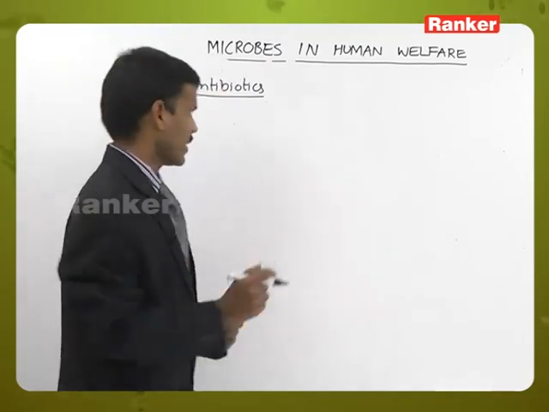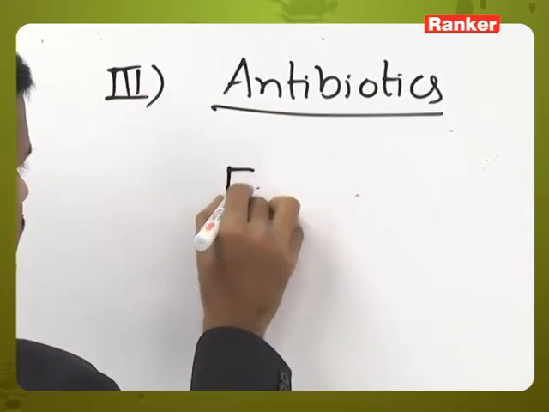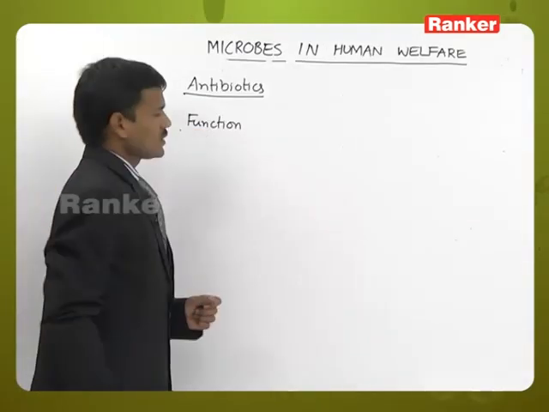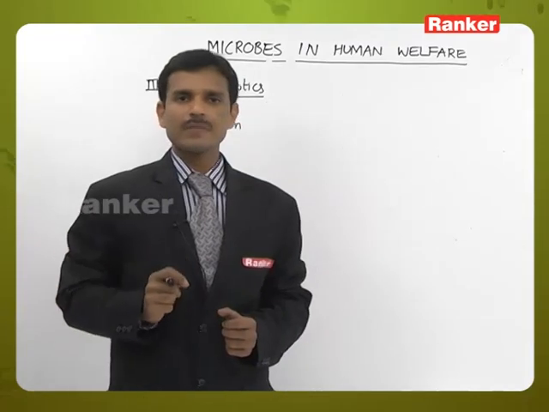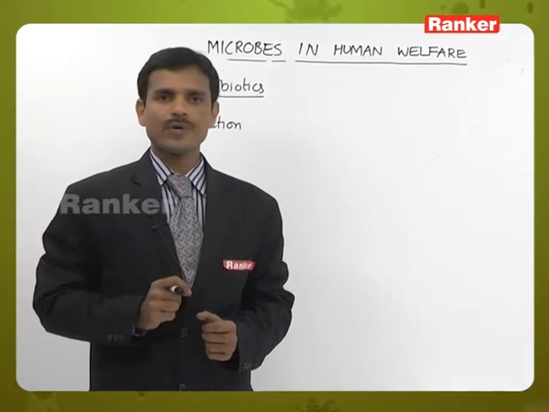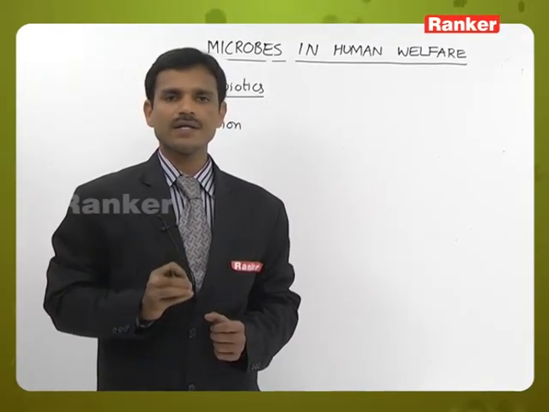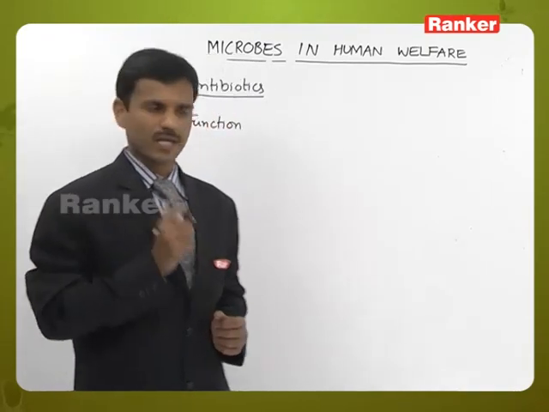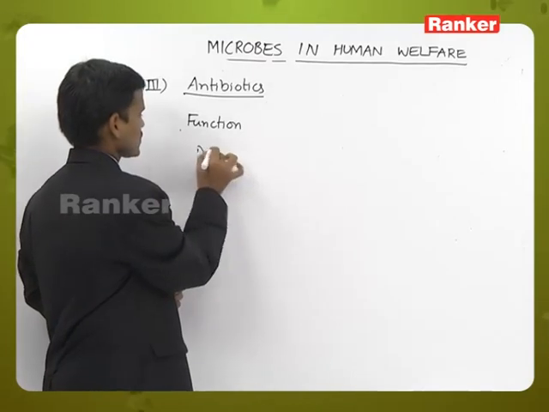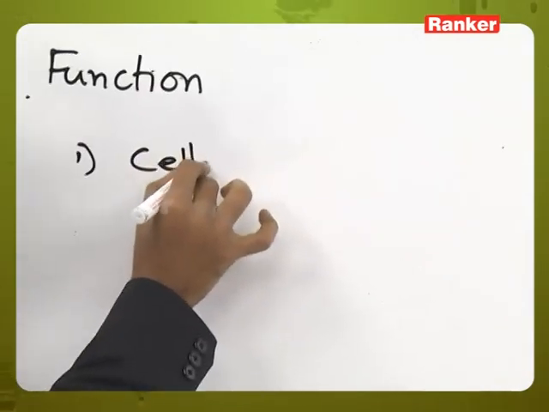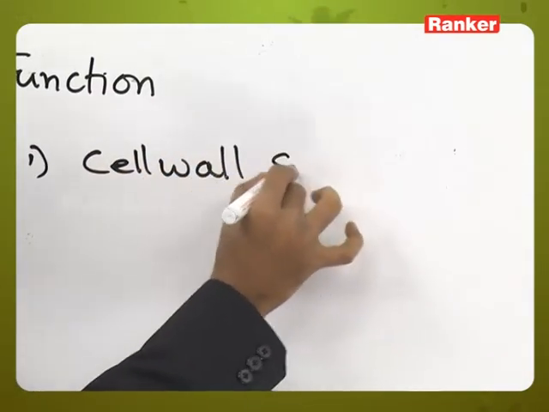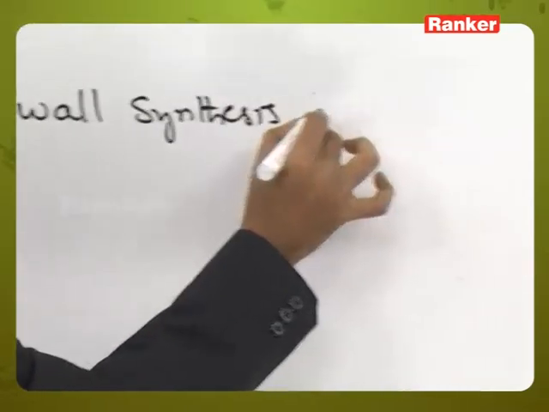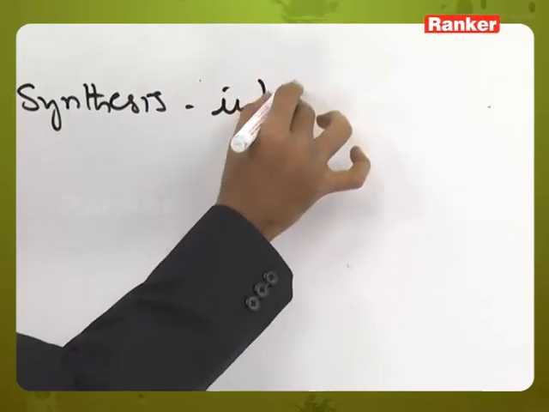Antibiotics inhibit protein synthesis, 30S and 50S ribosomal synthesis, and cell wall synthesis. Cell wall synthesis is inhibited.